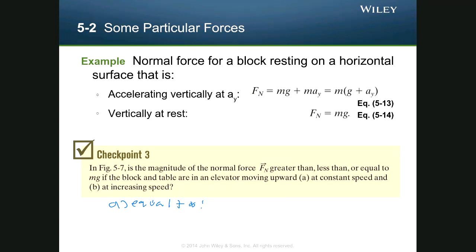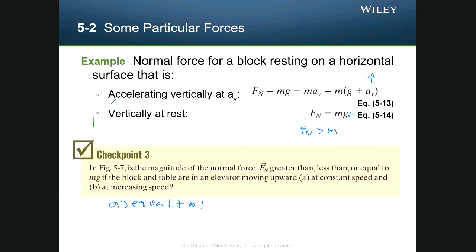So if this goes up, Fn becomes greater than mg because we're going to add something to mg. The elevator is speeding up, so the acceleration is increasing, right?